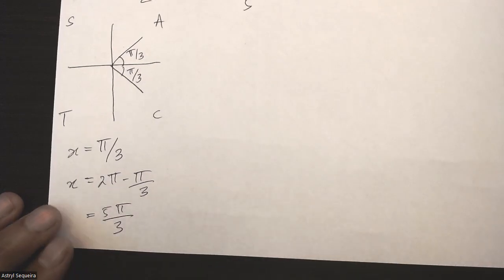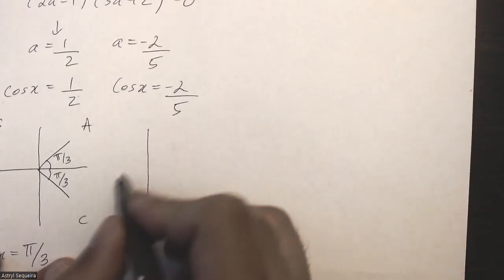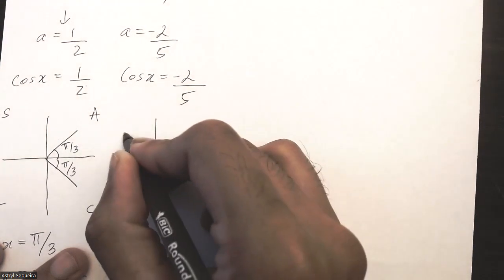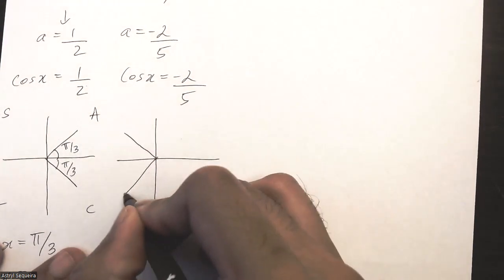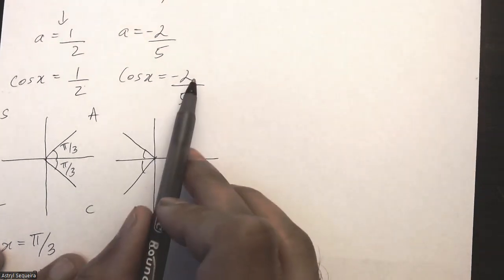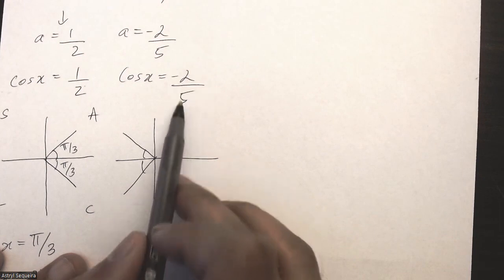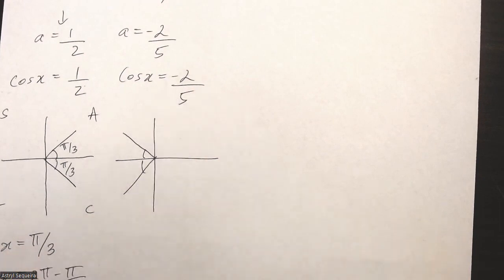Let's go to this one over here, where cos x is negative 2 over 5. Cos is negative in the second and third quadrant according to our CAST rule. Again, I'm going to find the acute angle by doing the cos inverse of positive 2 over 5. Don't put the negative in your calculator or it might not give you the acute angle.